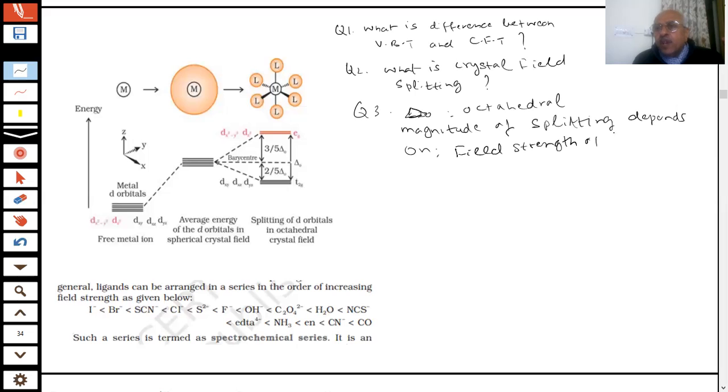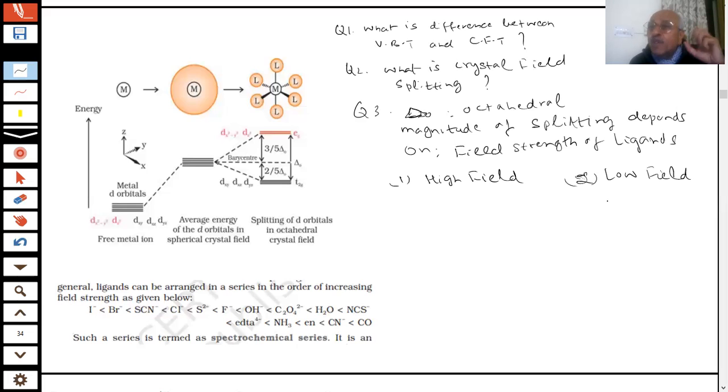Students, we defined two types of ligands: one which have a high field strength, strong field ligands, and the other weak field ligands, low field strength. So we defined high field and low field ligands. This we actually decided after doing spectrochemical evidence, students.